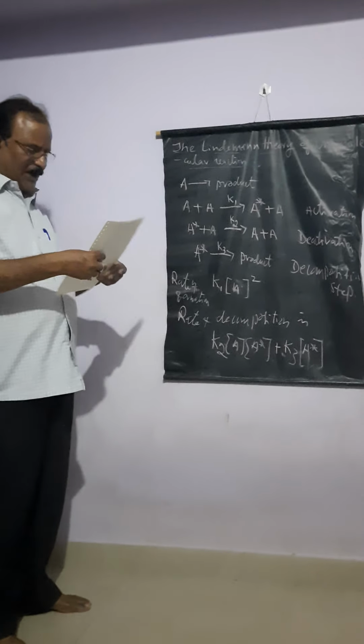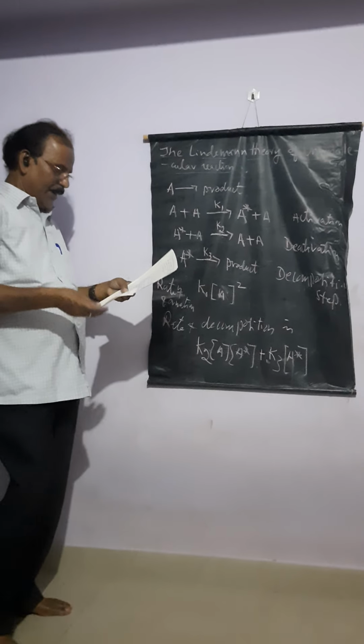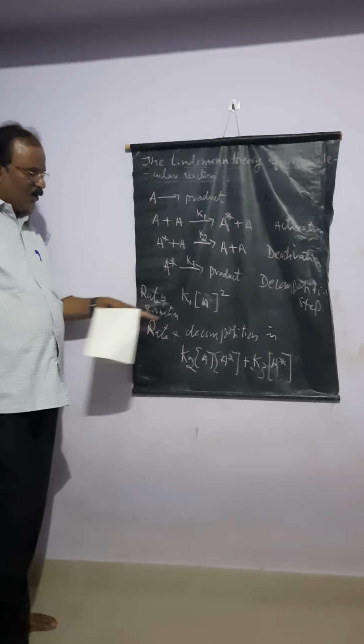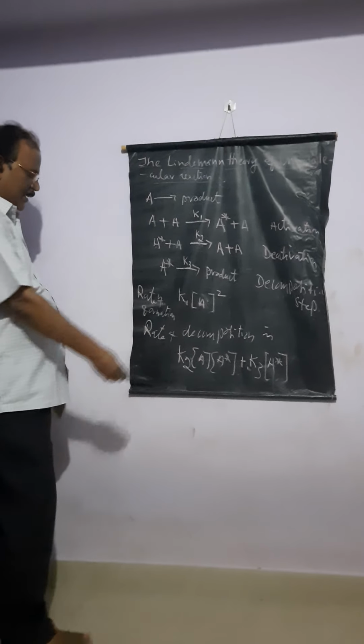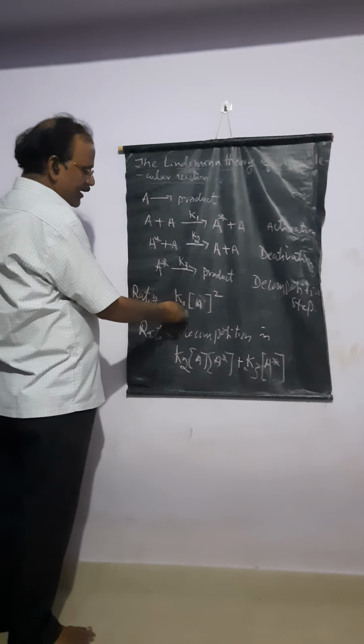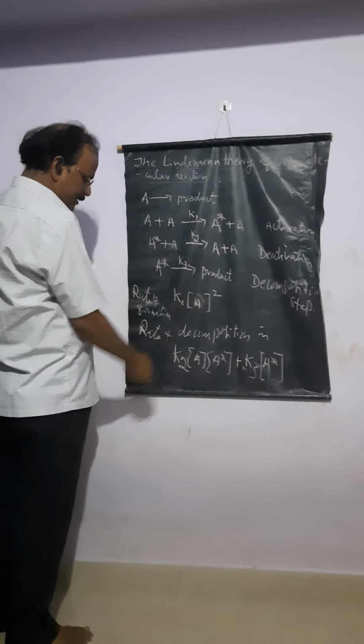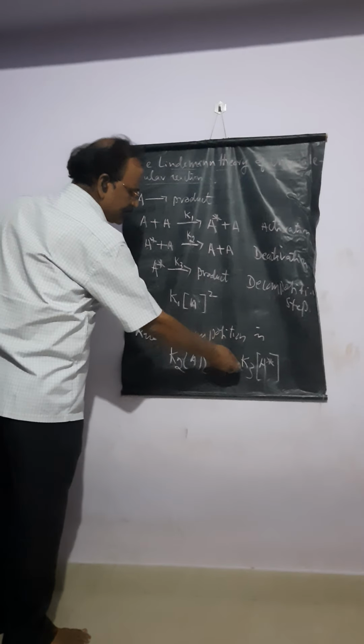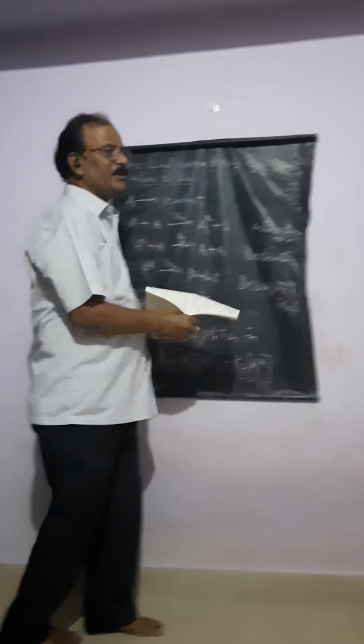Next, according to the steady state principle, rate of formation is equal to rate of decomposition. That is, K1 into A square is equal to K2 into concentration of A star plus K3 into concentration of A star.